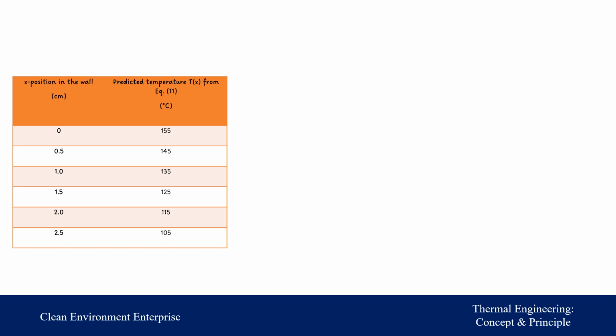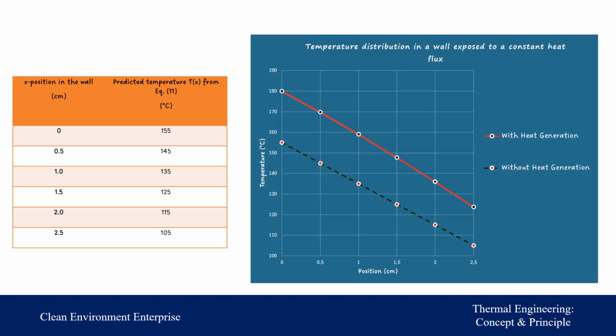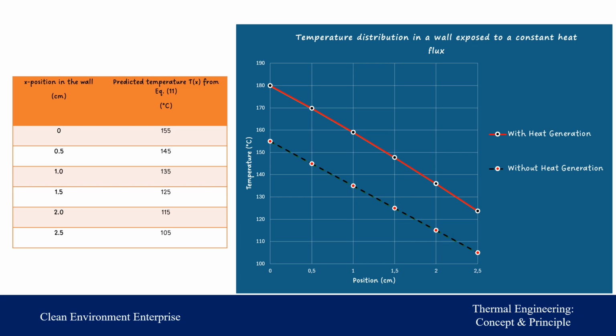The temperature will be 105 Celsius. If we draw the results, it's clear that with the heat generation the maximum was 180, and where there is no heat generation the temperature is 155.